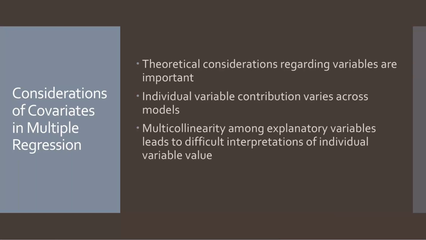Multicollinearity among explanatory variables leads to difficult interpretations of individual variable value. So beware and watch out for multicollinearity. There are really two reasons why I always start by looking at zero-order correlations. One is to see if I'm considering a variable that's not related to anything, not related to my response or to my explanatory variables.